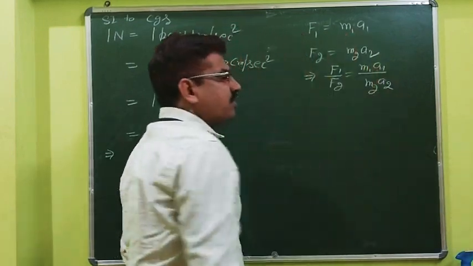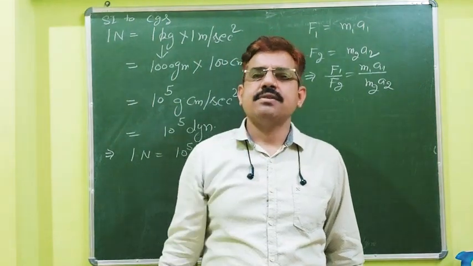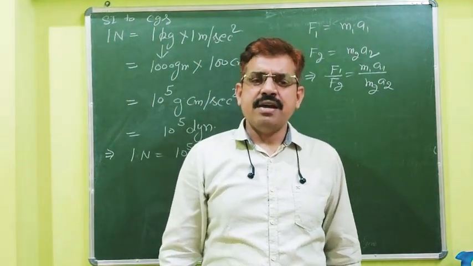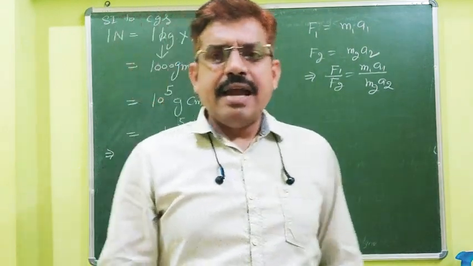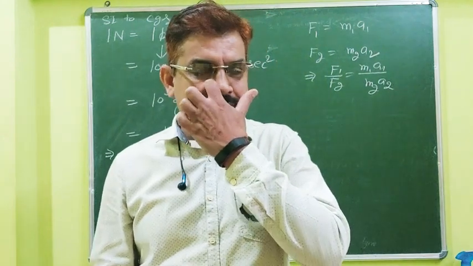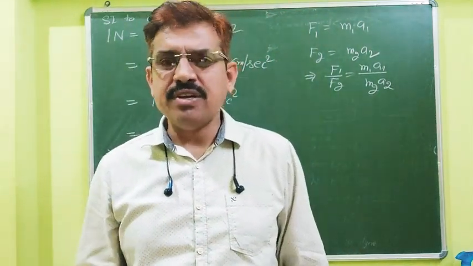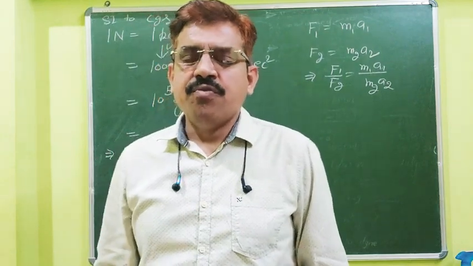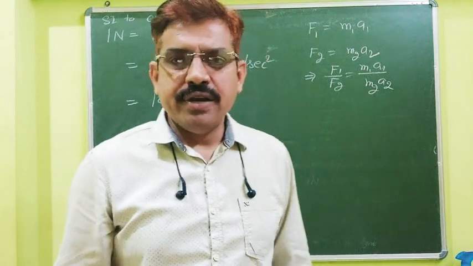It means that we have two objects, M1 and M2, that is 10 kg and 5 kg, just like that. And different accelerations are there for these two bodies, A1 and A2. If acceleration is different, definitely force will also differ. So that is F1 and F2.